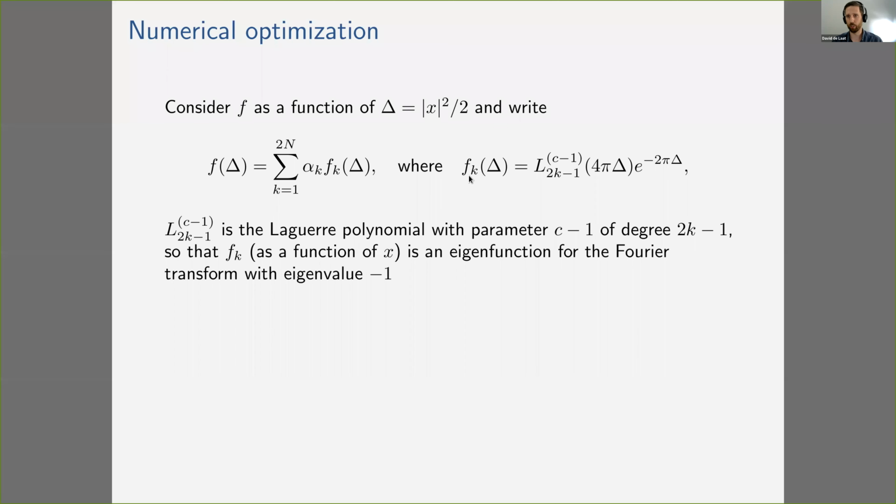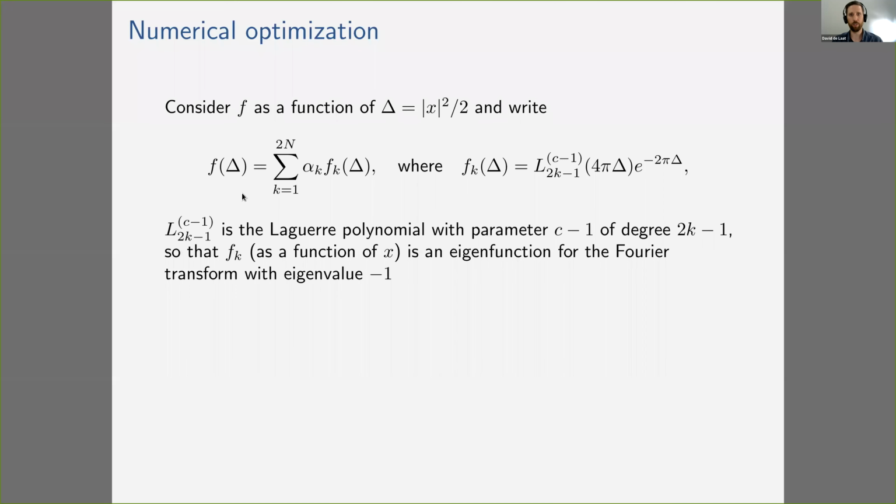We can look at these functions f_k, which are defined by a Laguerre polynomial times a Gaussian, if you think of this as a function in terms of x. This is a Laguerre polynomial with parameters c minus 1 and degree 2k minus 1. That means that these f_k's as a function of x are eigenfunctions of the Fourier transform with eigenvalue minus 1.